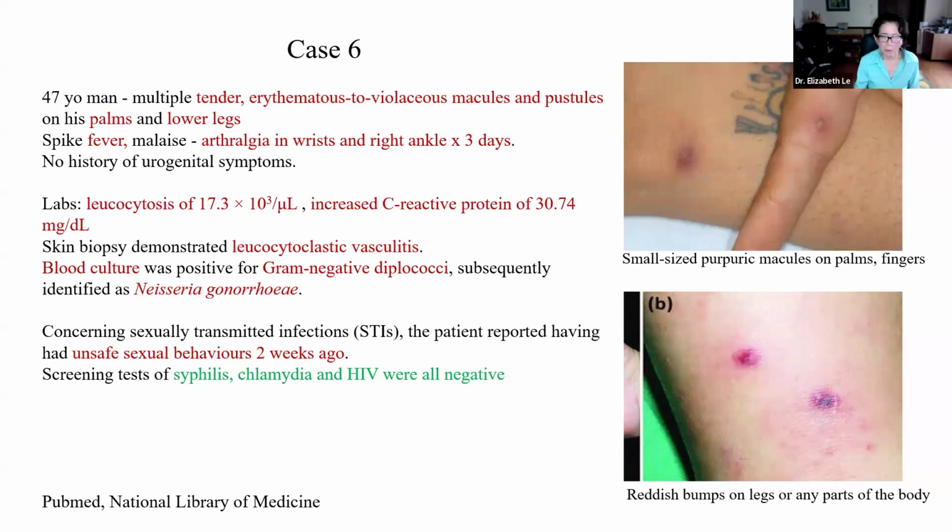Blood cultures showed gram-negative diplococci, subsequently identified as Neisseria gonorrhoeae. So he was concerned about STI. The patient reported having unsafe sexual behaviors about 2 weeks ago. And so screening tests for syphilis, chlamydia, HIV were all negative. Next slide.